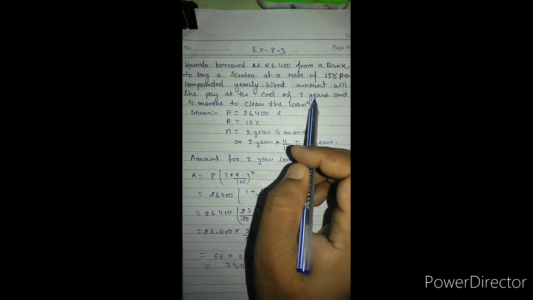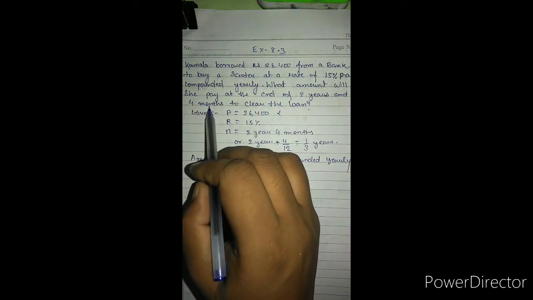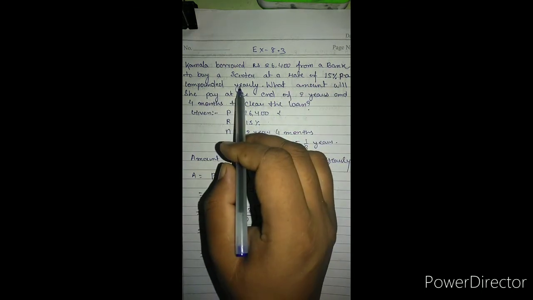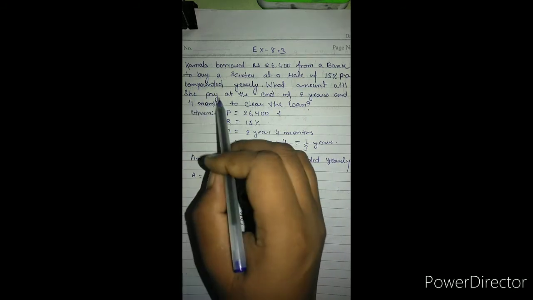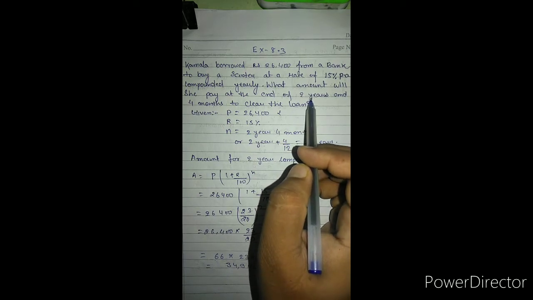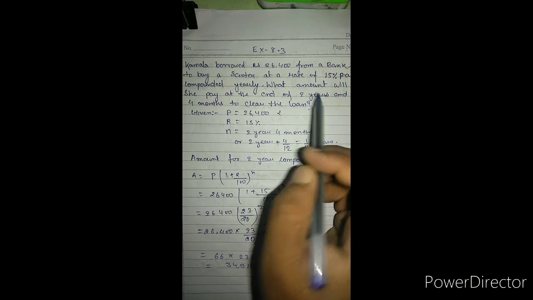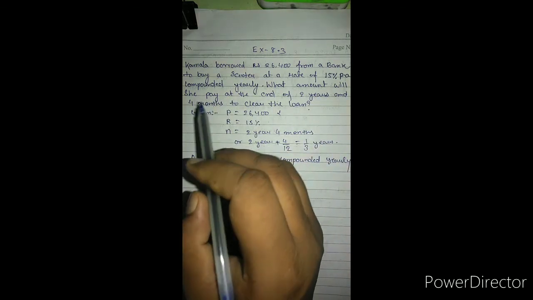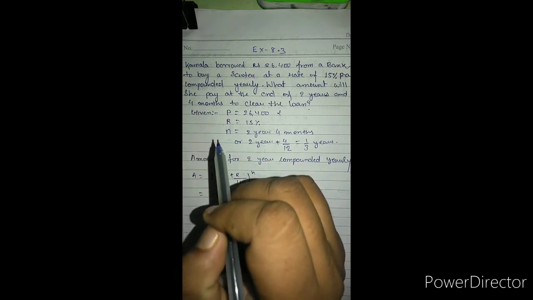So 2 years is good for us, but for 4 months with compounding yearly, we have to change this month into year. So time is given as a fraction: one part is given in years, another part is given in months. So we have to change this part of month into the year.